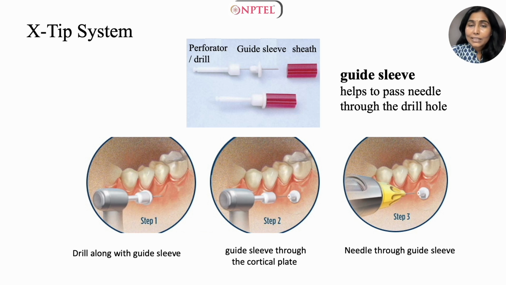The X-tip anesthesia delivery system consists of an X-tip that separates into two parts, the drill and the guide sleeve component. The drill leads the guide sleeve through the cortical plate, whereupon it is separated and withdrawn. The remaining guide sleeve is designed to accept a 27 gauge needle to inject the anesthetic solution. After the solution is injected, the guide sleeve is removed completely.